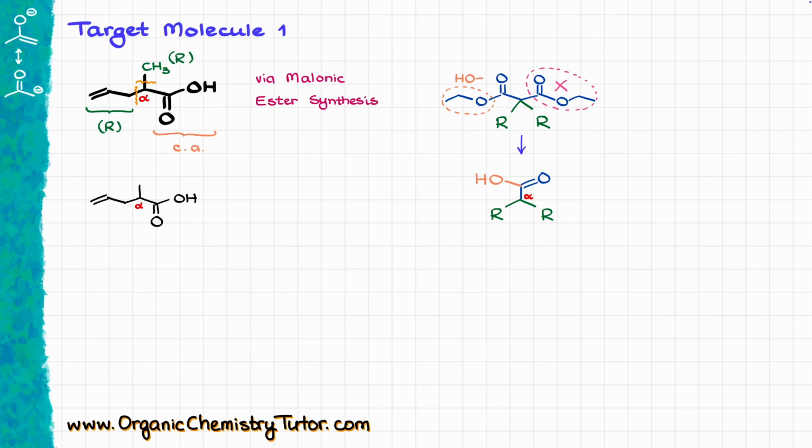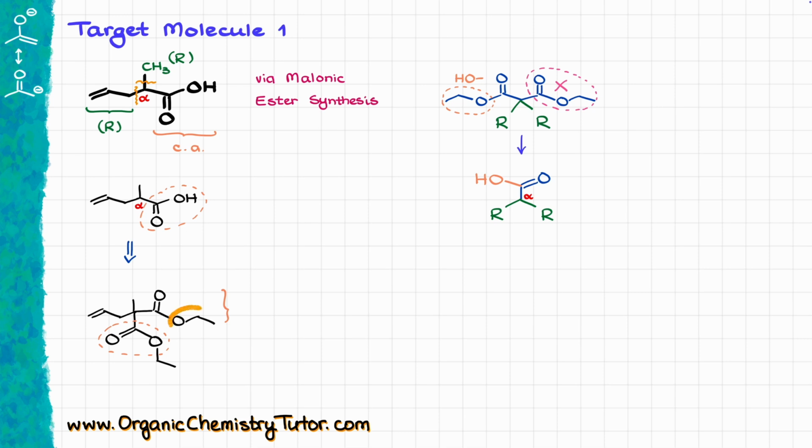Here we go. And the very first thing that I am going to do, I will remind myself that the alpha position over here used to have this second ester that used to be attached to it, which means that the predecessor to our molecule was an ester looking like this, or something similar to it, where one ester group, let's say this one, it actually doesn't matter which one, is what is going to make our carboxylic acid over here, while the other ester is what we're going to lose during the decarboxylation step.